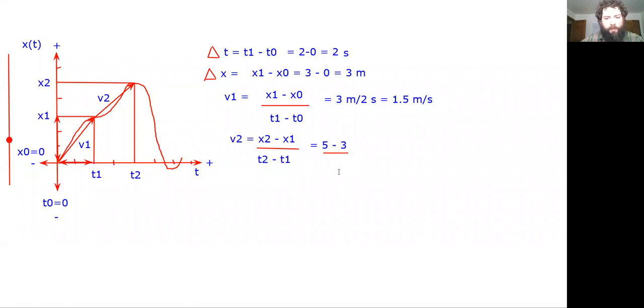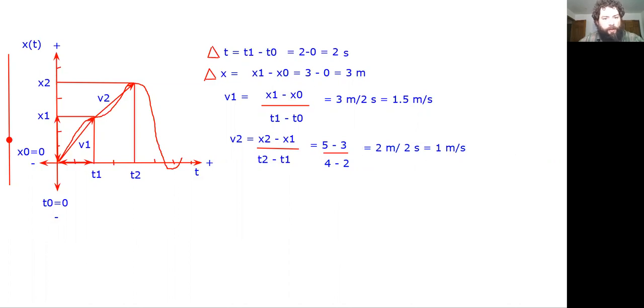Divided by 4 minus 2. So this is going to equal 2 meters divided by 2 seconds. And that's going to equal 1 meter per second.